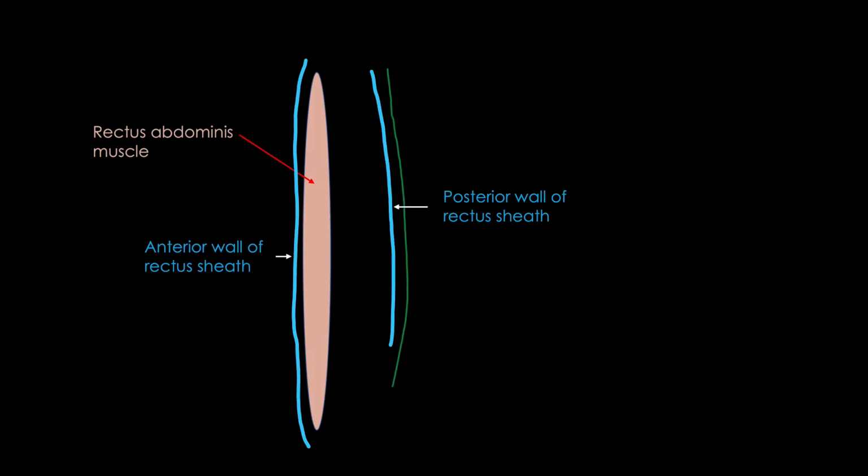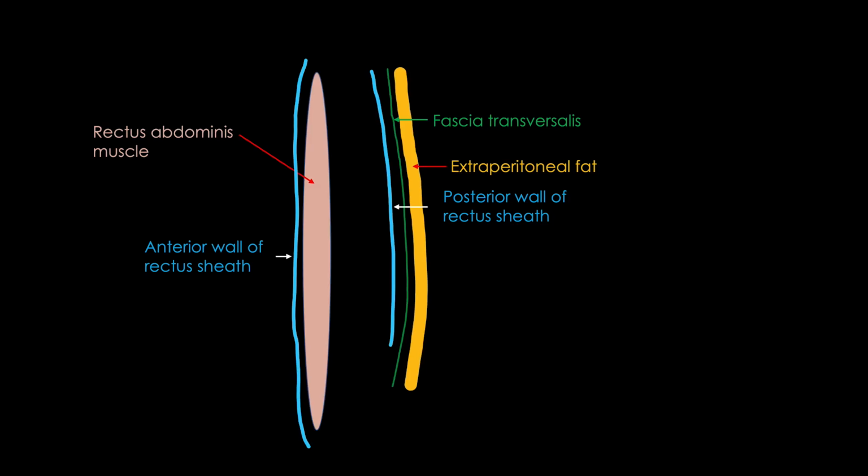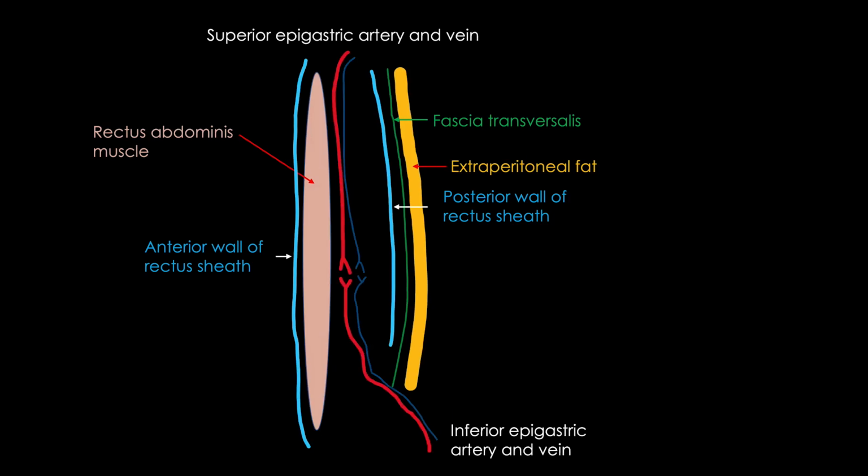And then just behind that, we have the fascia transversalis. And just behind that, we have the extraperitoneal fat. Now, there you are looking at the superior and inferior epigastric vessels, and we have discussed what their sources are and where they are coming from.